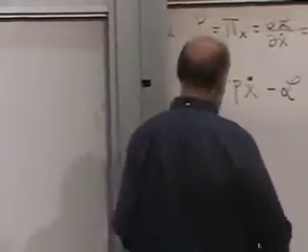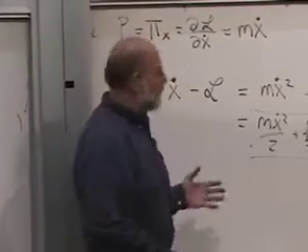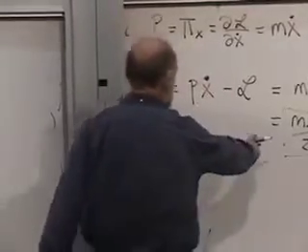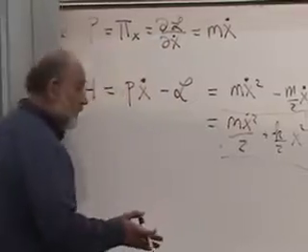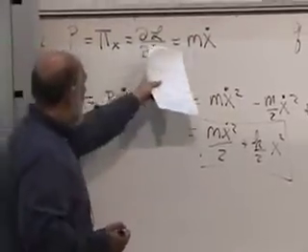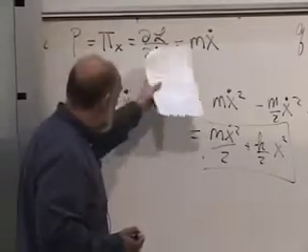Let's write the Hamiltonian in terms of p's and q's instead of q's and q dots. Here's the Hamiltonian, or the energy. There's the expression for the energy. Here's the expression for the canonical momentum. p is m x dot.